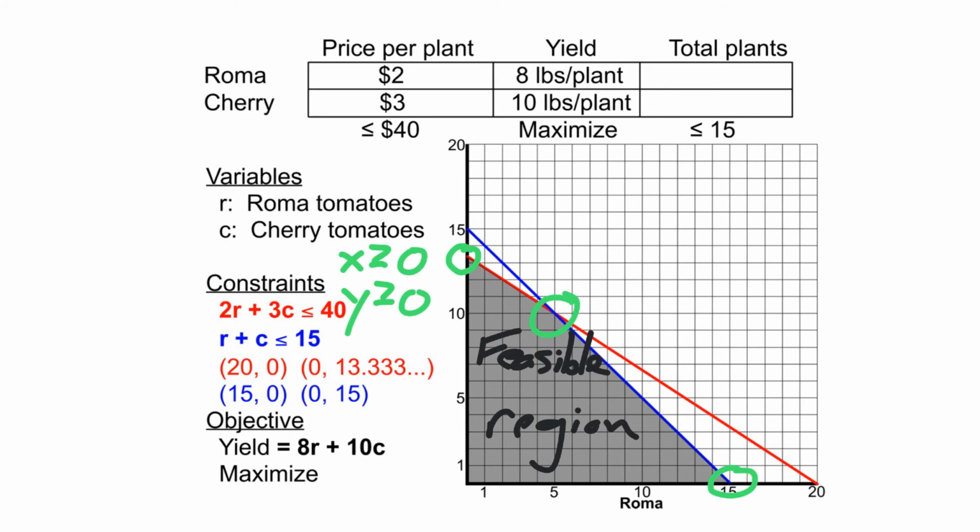Now, a little bit of detail here before we get too far into it. This point right up here, that was at 13 1/3, right? Specifically, 13 1/3 cherry tomato plants. Can I have 13 1/3 plants? No. So what point should I actually use there? 13. Could I use 14?